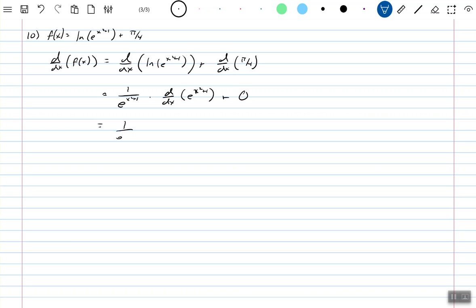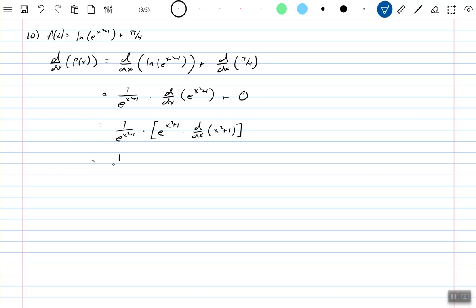We have this 1 over e to the x squared plus 1 from the natural log, but now we need to multiply it by this derivative. So the derivative of e to the x squared plus 1, well, that's e to some function of x. And when you differentiate e to some function of x, that's just equal to e to that function of x, which is x squared plus 1, times the derivative of that function, x squared plus 1.